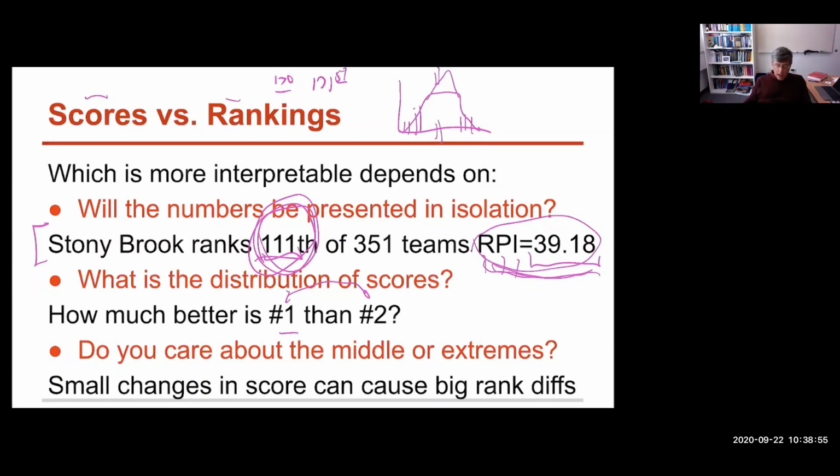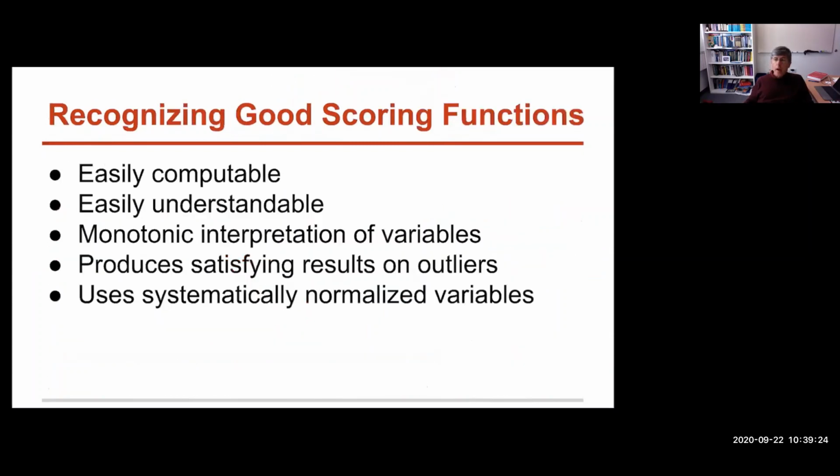So if you want a sense of how much better one team is than another, the rank is not necessarily the right thing. There, you might be interested in the individual scores. Any questions about that? Sometimes the scores are what is interesting, like BMI. Sometimes the rankings of those scores are more interpretable. Any questions?